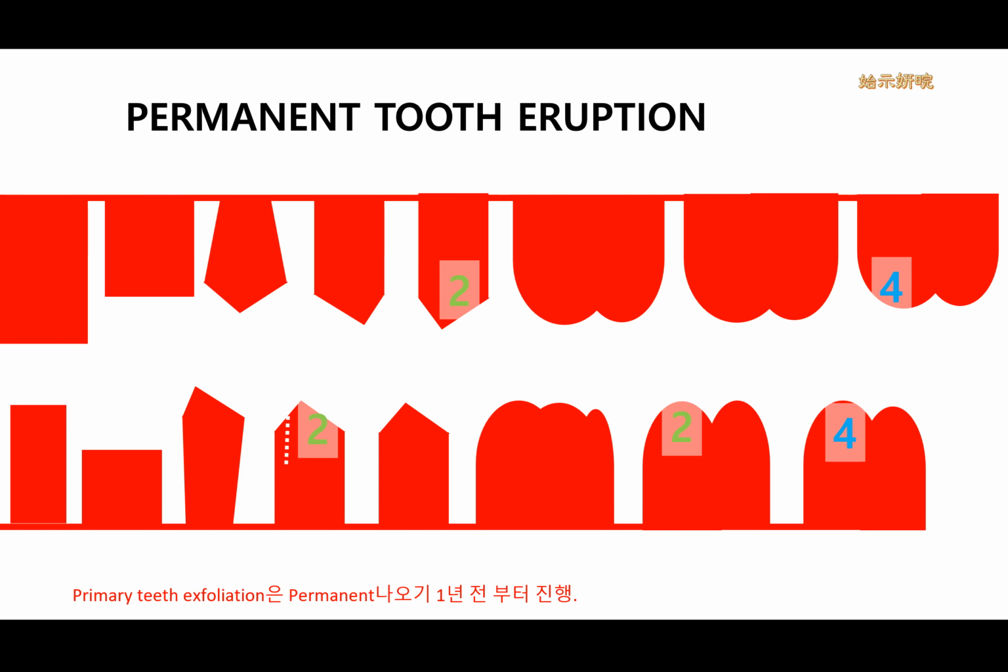And the reason why you can see this canine changing its shape, the mandibular canine, is because the distinctive difference between the maxillary canine and the mandibular canine is the mesial slope.